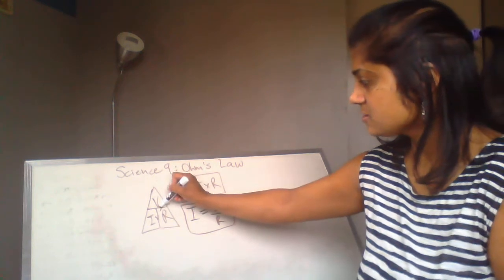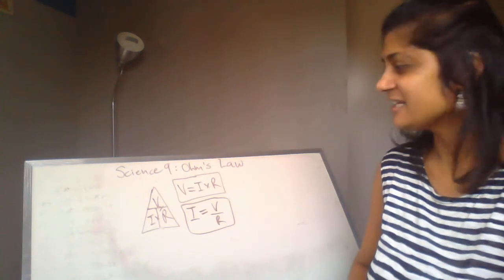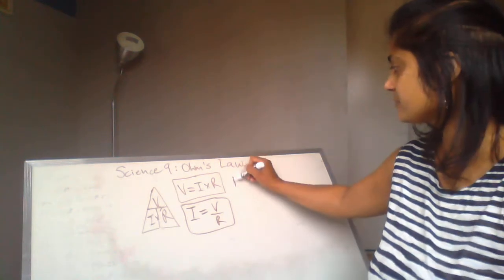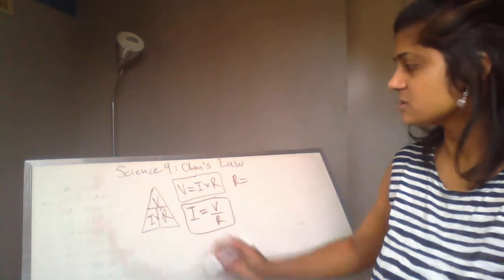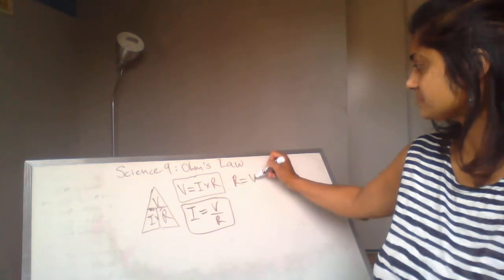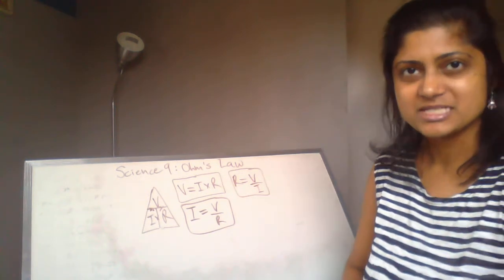And does everyone see that? You can put a division sign right there to help you remember. And lastly, if I am looking for the resistance, the resistance is going to be V divided by I, okay? So just like this. Does everyone see that?